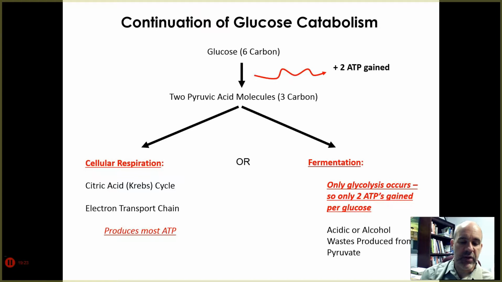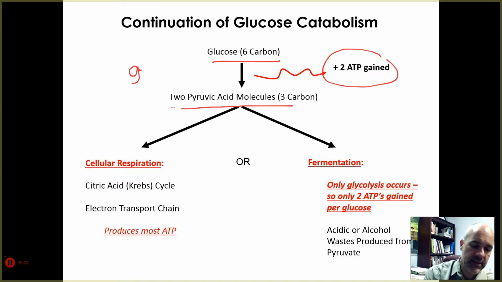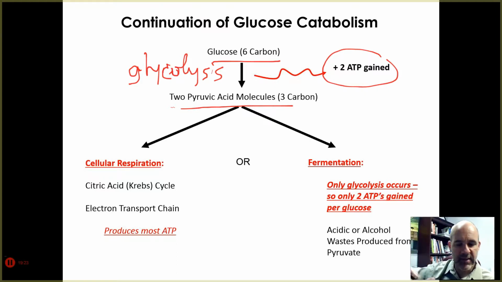All right, and then as I mentioned earlier, as glucose gets broken into those 2 pyruvic acids during glycolysis, that's glycolysis. Multi-step process, 10 steps, 2 new ATPs for the cell.